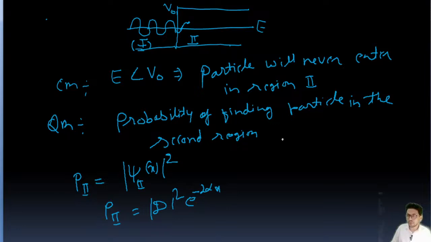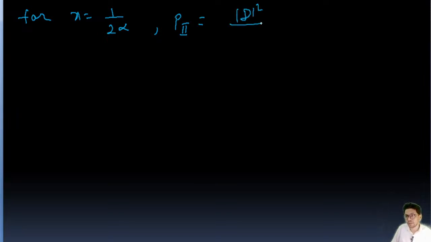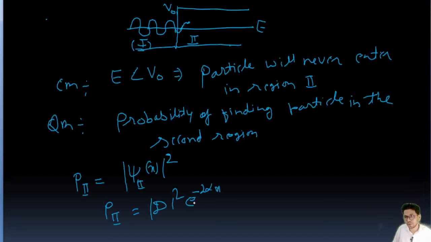Now for boundary condition, for x equal to 1 upon 2 alpha, P second, the probability of finding the particle in the second region, is going to be mod D square upon e, because we put the value here.